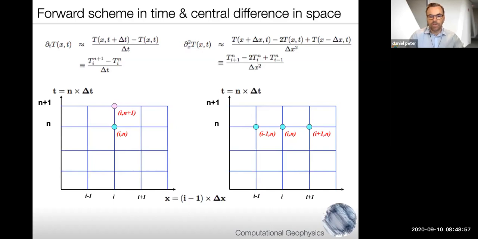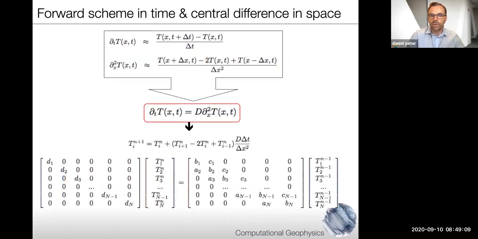And so then you can write these down, the finite difference approximation of these differential operators, and combine them into one equation, which is given to you here already. And what you see is that the temperature at time step n plus 1 is equal to all the time steps at the previous time n.